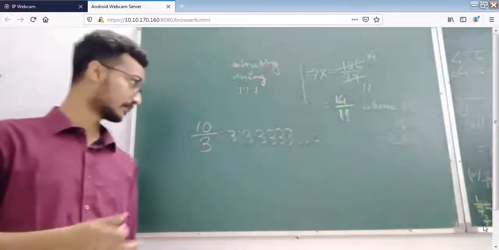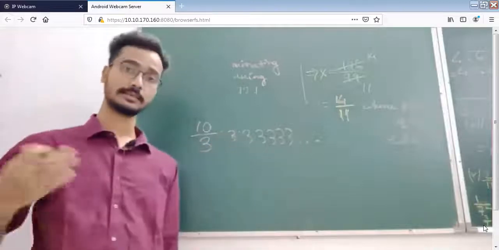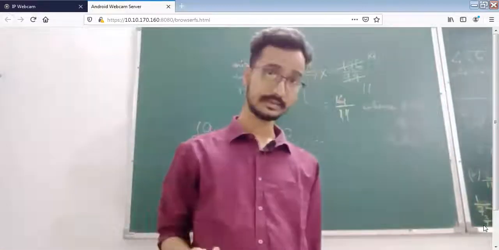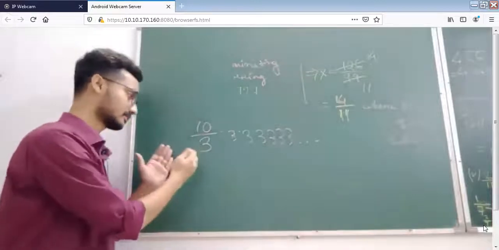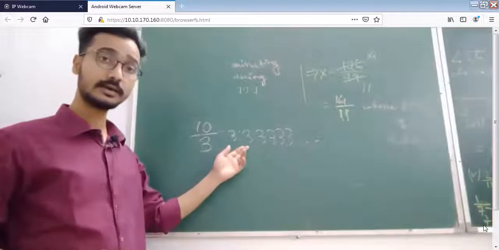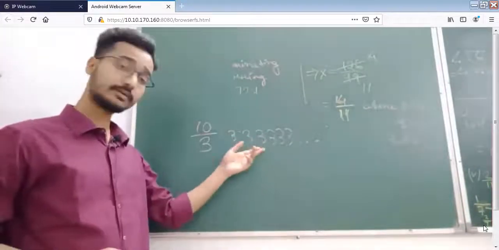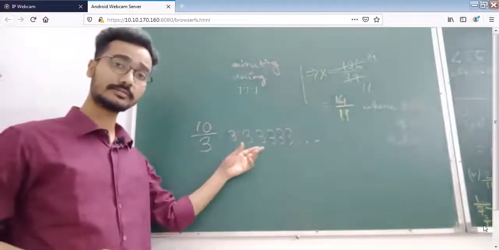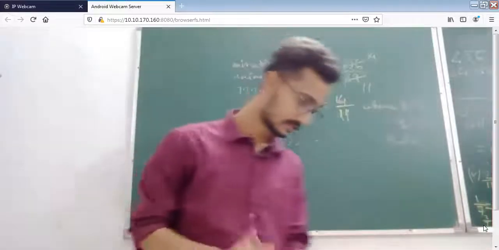That means when a decimal expansion is non-terminating and repeating, then it is said to be a rational number. This is the thing.